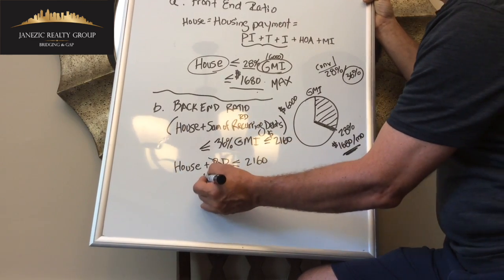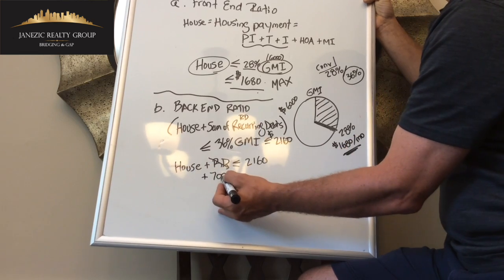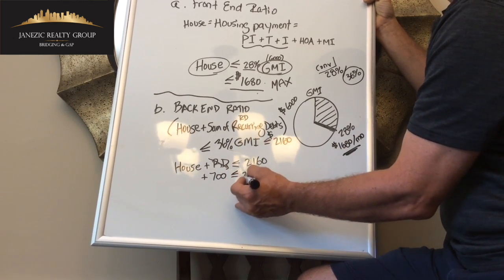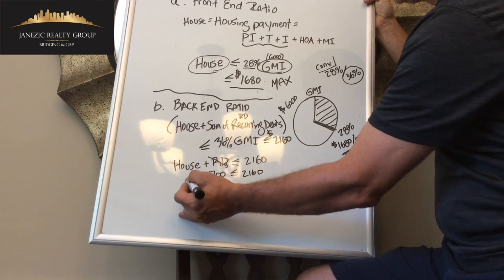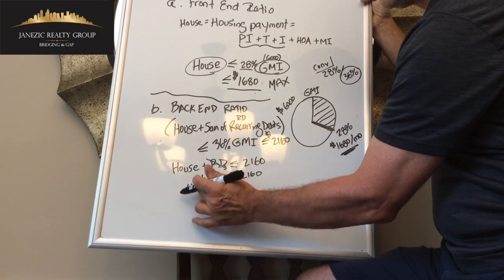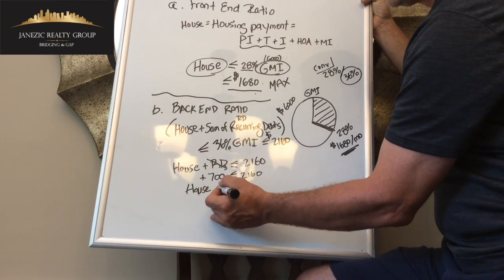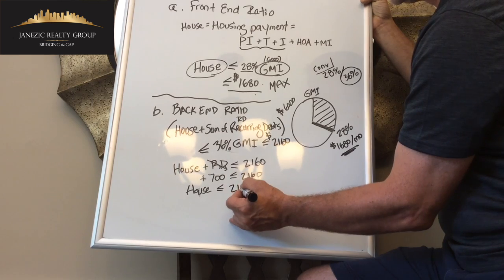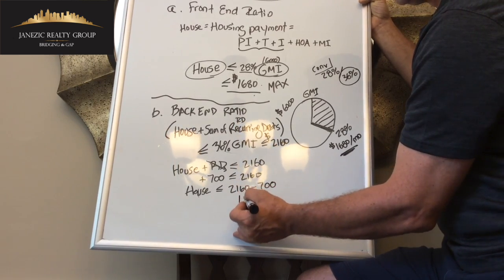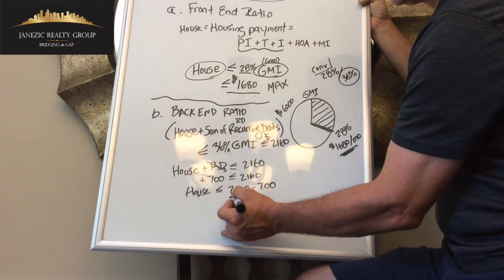So when I add my house payment and $700, I need to keep it under $2,160. Well, said another way, my house payment needs to be less than or equal to $2,160 minus $700, or $1,460.